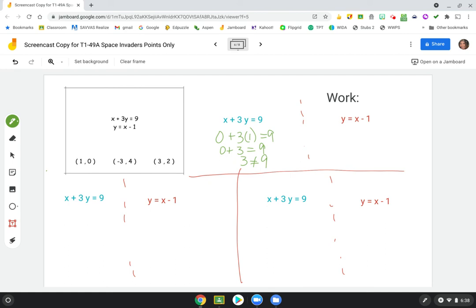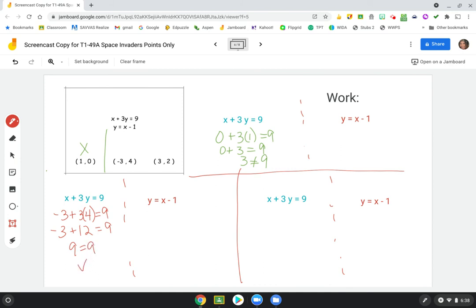So that means this will not be our solution to the system. Let's jump down to this one. I have negative 3 plus 3 times 4 is equal to 9. Negative 3 plus 12 is equal to 9. And negative 3 plus 12 is actually equal to 9.